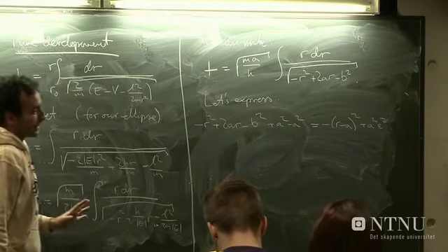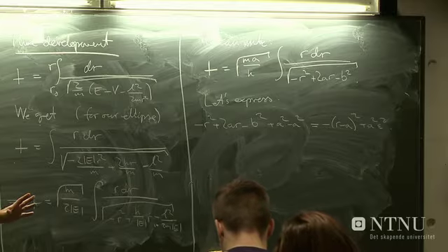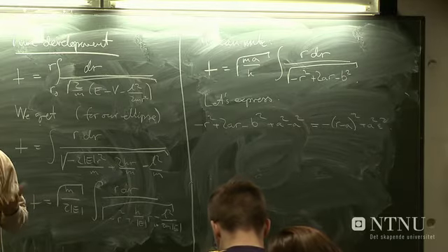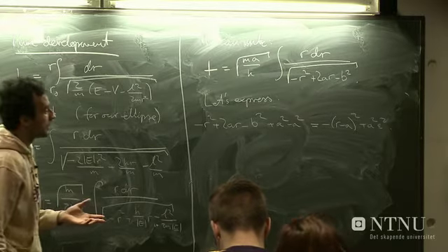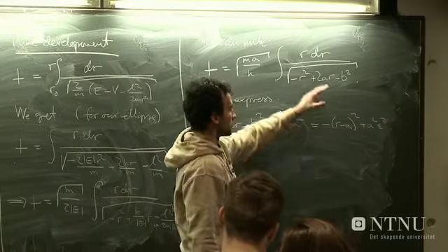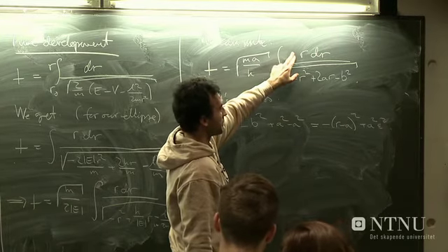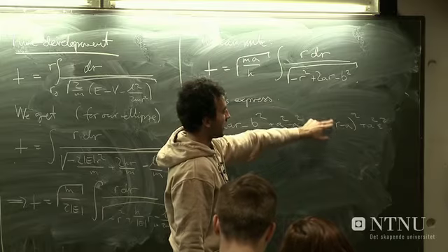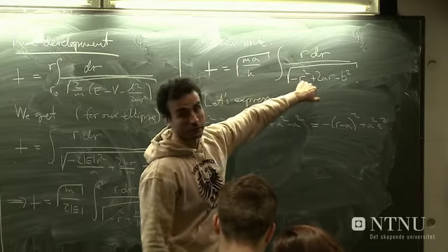And now we can see that it might be advantageous to define a new integration variable, namely r minus a, because that would just give a constant contribution over here, and then just a single variable under the root sign.